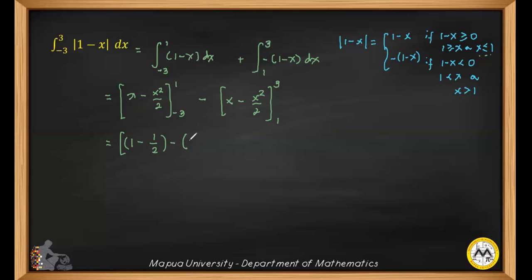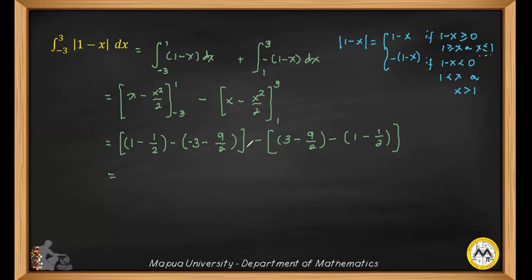When x is -3, that gives us -3 minus, when x is -3 squared is 9, so 9 over 2, minus the value of the indefinite integral x minus x squared over 2 at the upper limit 3. So we will have 3 minus 3 squared is 9 over 2, minus the value at the lower limit 1. So that gives us 1 minus 1 squared is 1, 1 half.